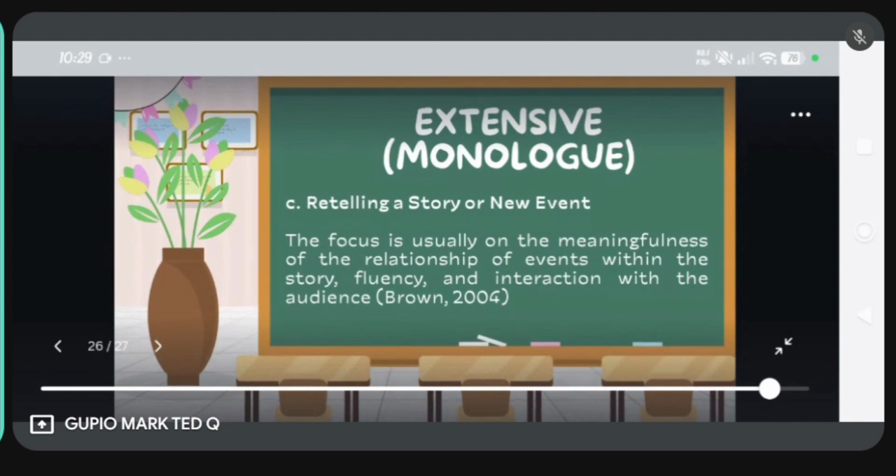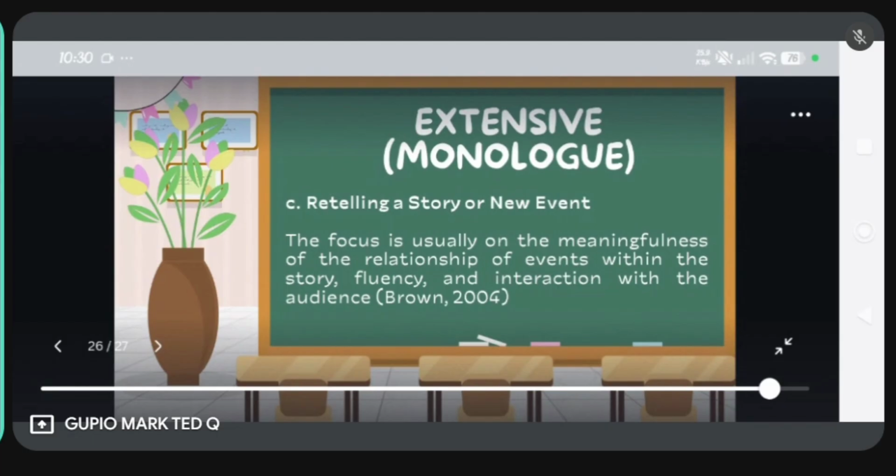The third one is retelling a story or news event. This form is also considered extensive monologue. In this case, the speaker narrates something that has already happened, such as a story they have read or a personal experience. For example, students might retell the cruelty that is happening nowadays in our country, describing in their own words the events and the worst experiences of the people.